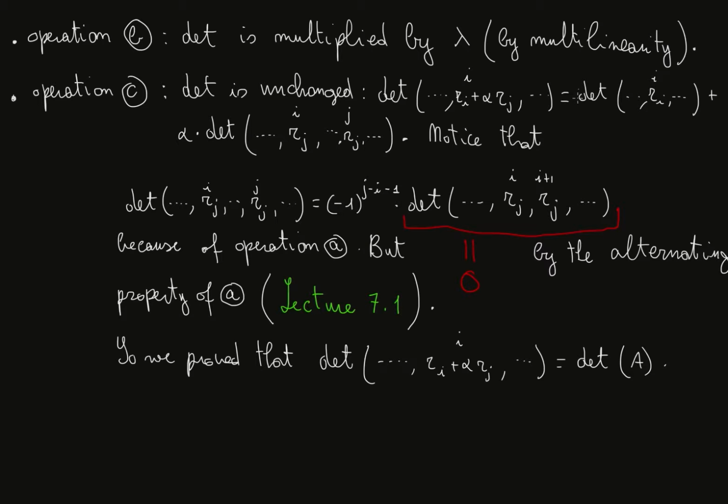But you see, the first summand involves the determinant of vectors which are the initial vectors up to i minus 1, and then the ith position is just the Ri vector, and then the remaining vectors. So these n vectors are precisely the rows of the matrix A. Therefore, here on the right hand side, I'm computing the determinant of the matrix A. And on the left side, we started from the matrix on which the ith row has been applied the operation C. We conclude, therefore, that the determinant of the transformed matrix is just the same as the determinant of A.